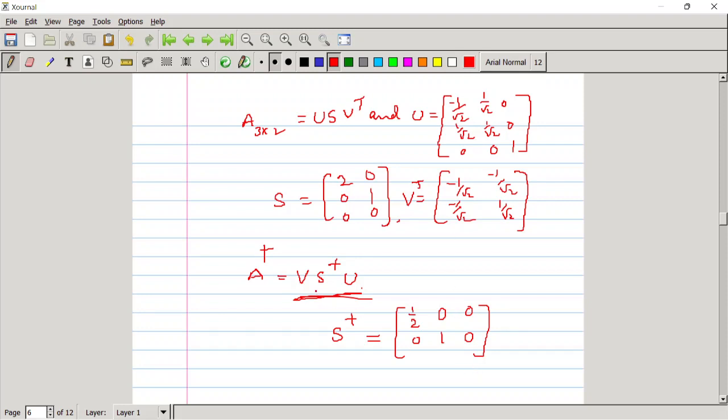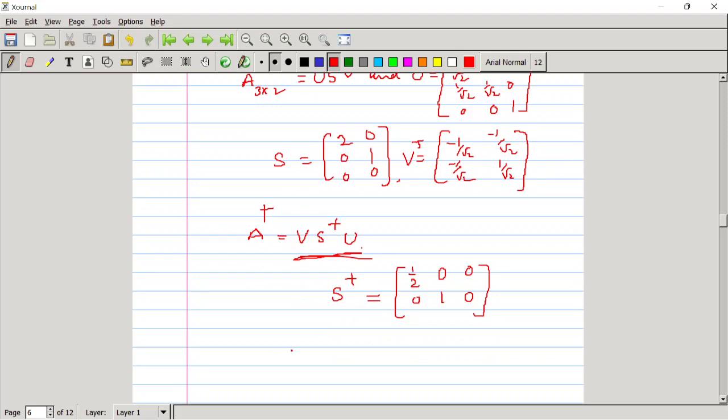Sir, please tell how S plus was obtained. Given S is 2 0, 0 1, 0 0, we have to just take the reciprocal of every non-zero element.